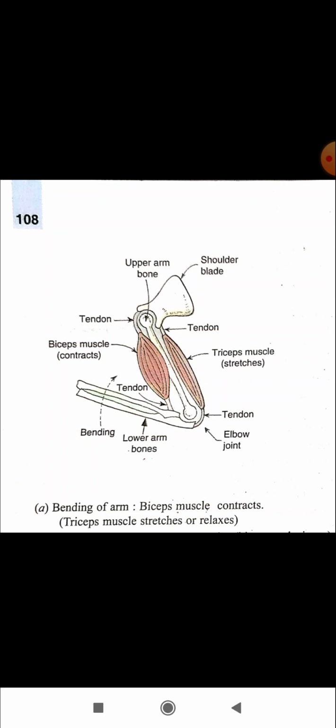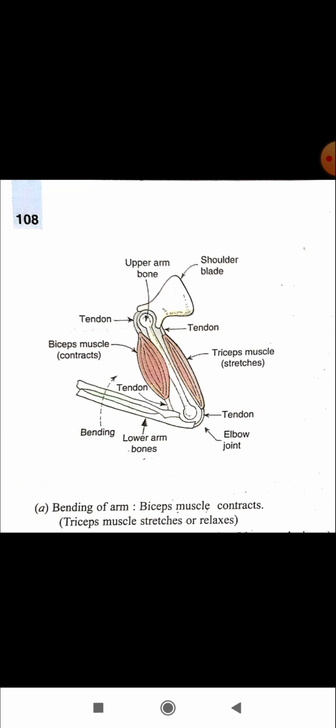Now when we want to bend the arm, how the muscles work, that we'll see. So when we want to bend the arm, the biceps muscle contracts, as you can see in this figure. Can you see the biceps muscle? Yes, the biceps muscle contracts and becomes shorter and fatter.